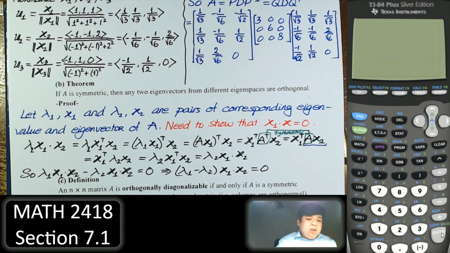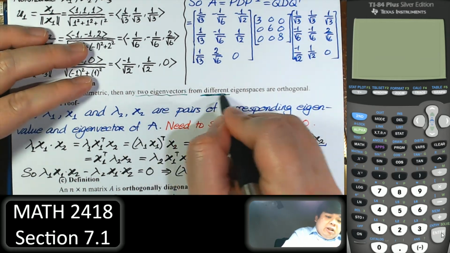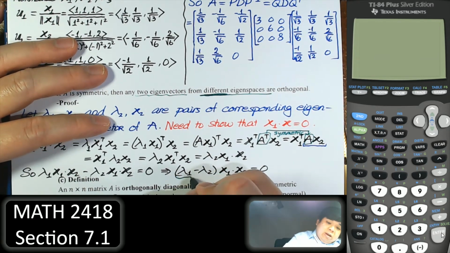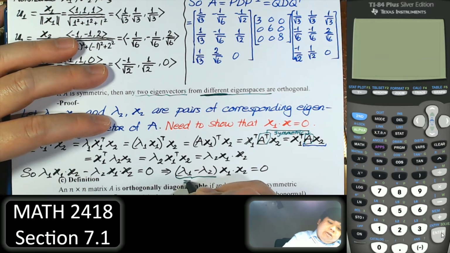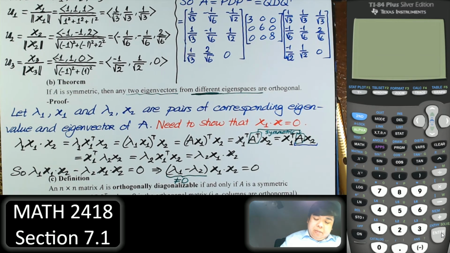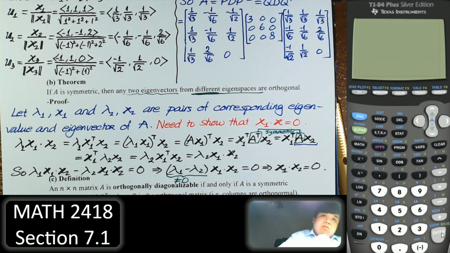Now, what we have is the two eigenvectors from different eigenspaces. Because it is from different eigenspaces, the eigenvalues are different. If this is not equal to 0, the only thing that makes this equal to 0 is that the dot product has to be equal to 0, and that's what we need to show.